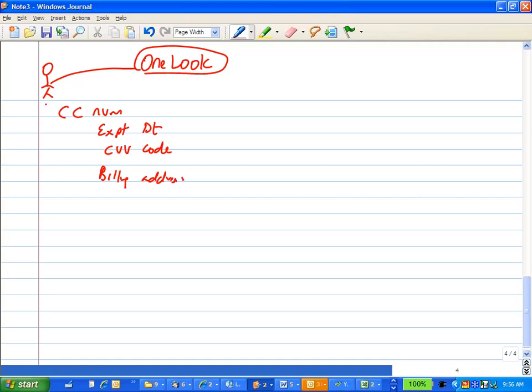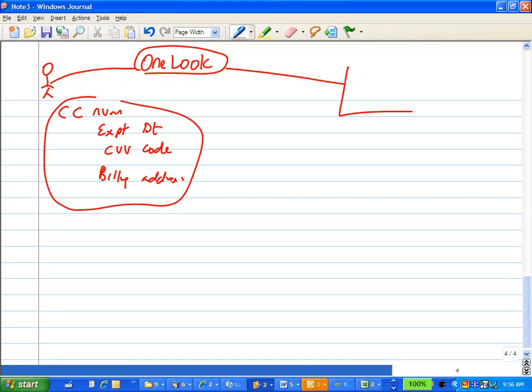So the customers are signing up with this information with OneLook. OneLook has to process this credit card number through a payment gateway. There is a concept of payment gateways in the world of e-commerce. It's an e-commerce application, right? Which are some of the most popular payment gateways?